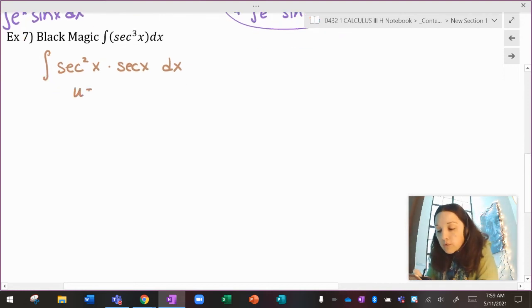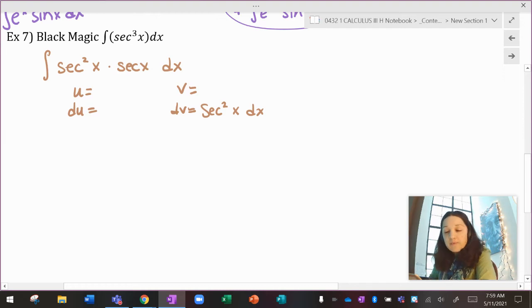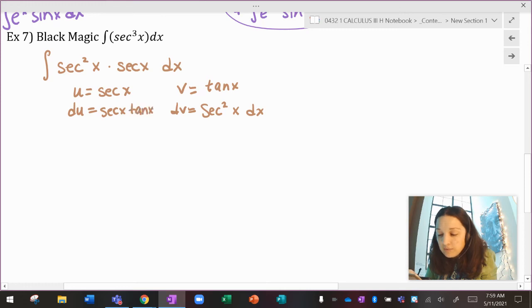So when I go to do LIATE here, dv is going to be secant squared dx. And u is going to be secant x, because in the world of derivatives and antiderivatives, I know that the antiderivative of secant squared is tangent, and I know that the derivative of secant is secant tangent.